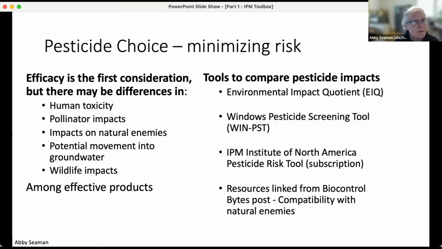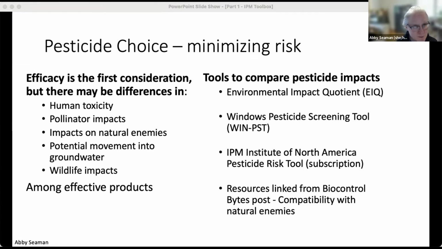So when we get to the point, if we've scouted our fields and reached a threshold or have a reason from a disease forecast to start spraying, often we have some choices of pesticides, and we can think about choosing among them to minimize the risk, both to the people who are applying the pesticides, as well as the impacts on pollinators and beneficial insects that Amara just talked about.